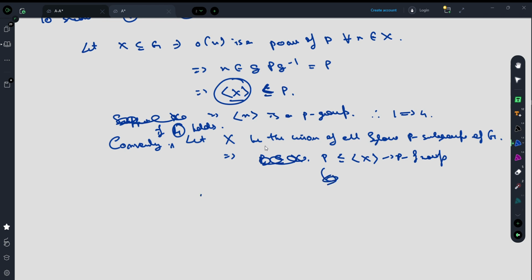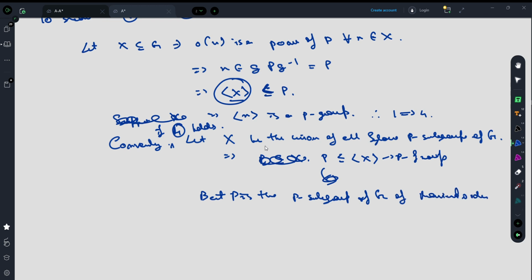But P is the P subgroup of G of maximal order, because the maximal power of a prime in the order of G is P to the power alpha, and the order of P is exactly P to the power alpha.